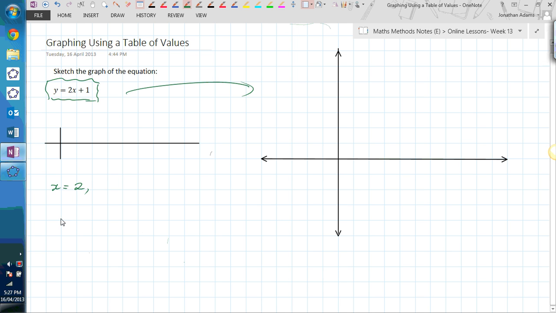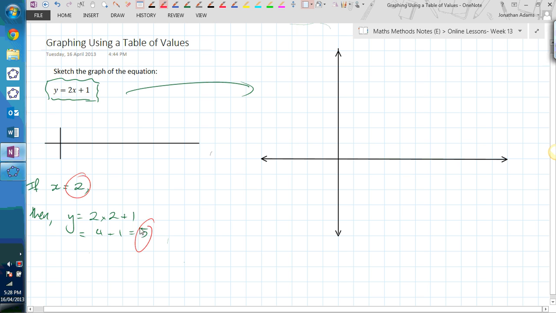So if x equals 2, then y would be equal to 2 times 2 plus 1. 2 times 2 is 4, plus 1, so y would be equal to 5. So this equation says that if x is 2, then y is 5.